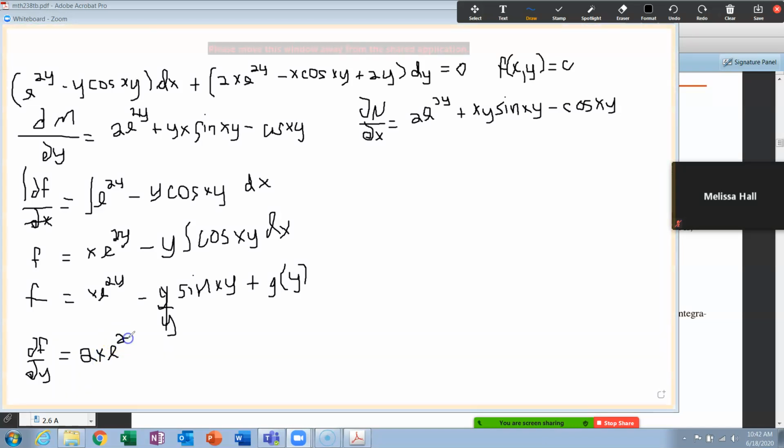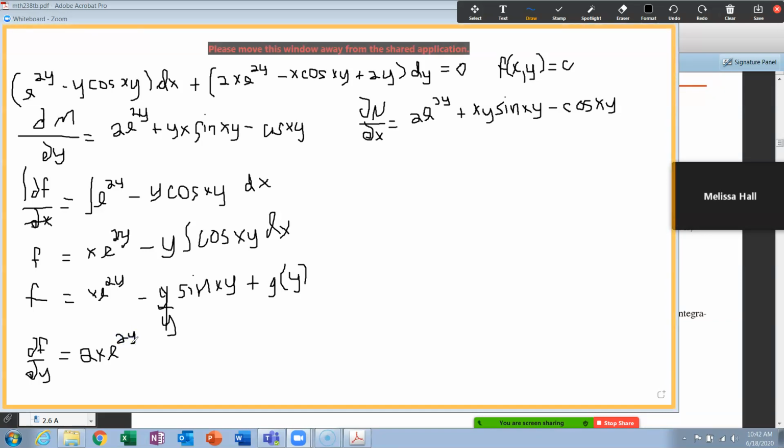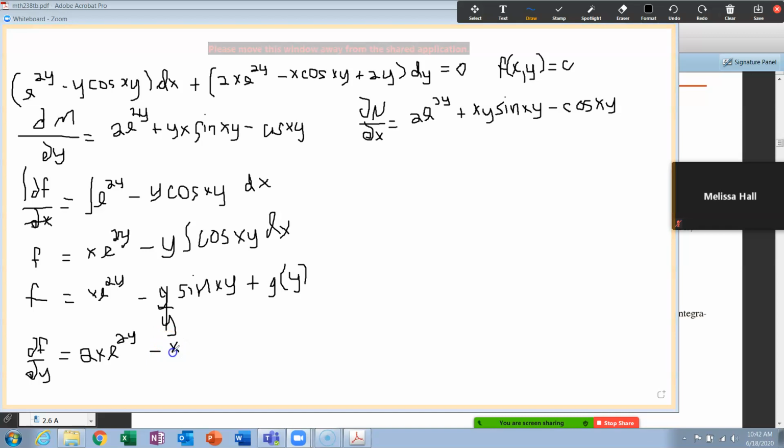Does everybody agree with me? Think about it. Okay, that is your partial of f with respect to y. And in this term, remember these y's went away, so the derivative of sine is cosine, so that's going to be a minus, and it's with respect to y, so x is going to be a coefficient here, chain rule, cosine of xy.